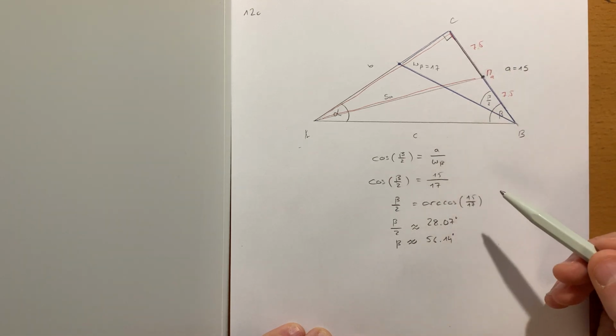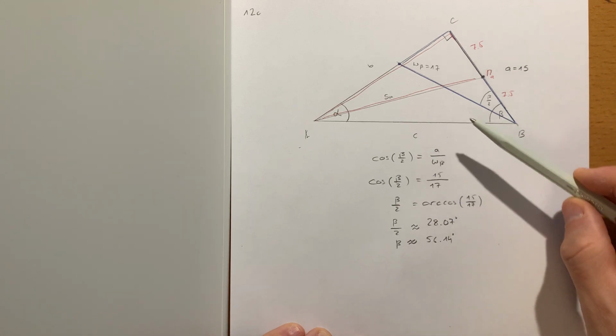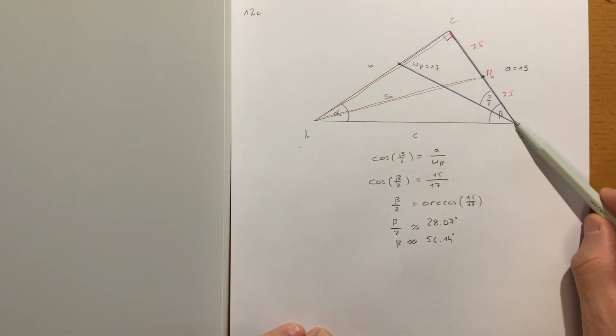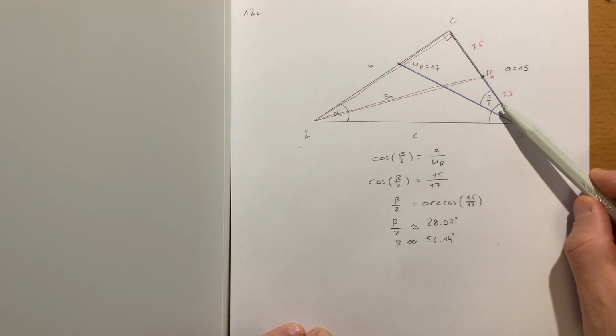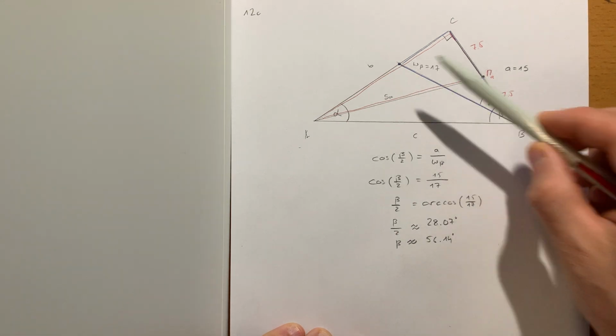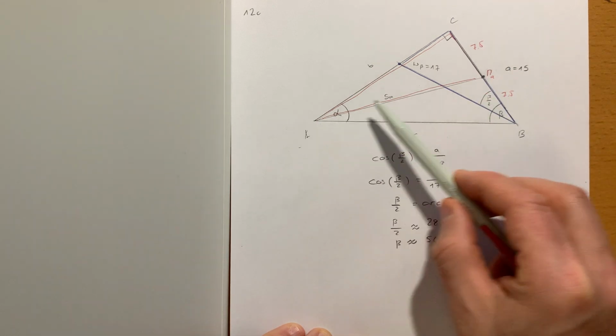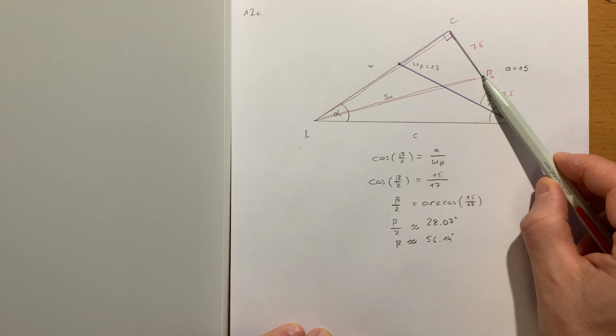That's a big difference, by the way, when compared to the angle bisector. The angle bisector cuts the angle into two equal parts, but not the opposite side. But the median does.